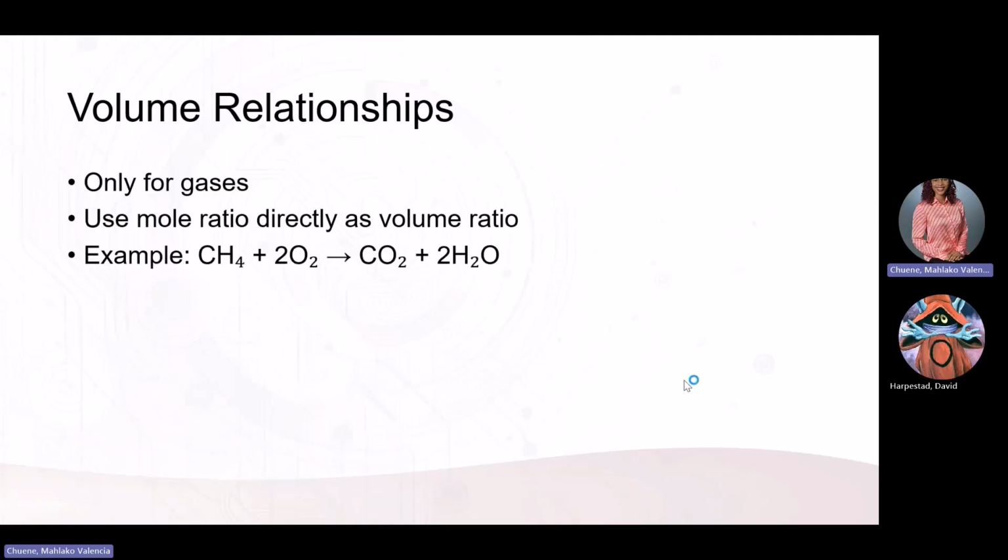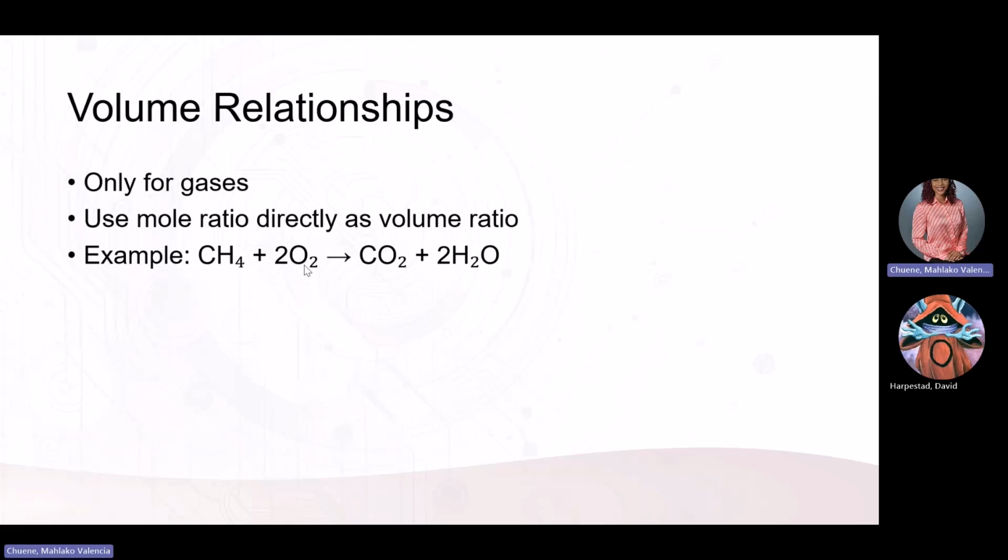So an example of ours here is that we've got methane gas and oxygen gas to produce carbon dioxide and water. Now, when you look at this, the equation is initially not balanced. However, you have to first balance it. And when you balance it, there's 2 oxygen gas on the left-hand side, which will react with the methane to produce carbon dioxide and 2 water molecules.